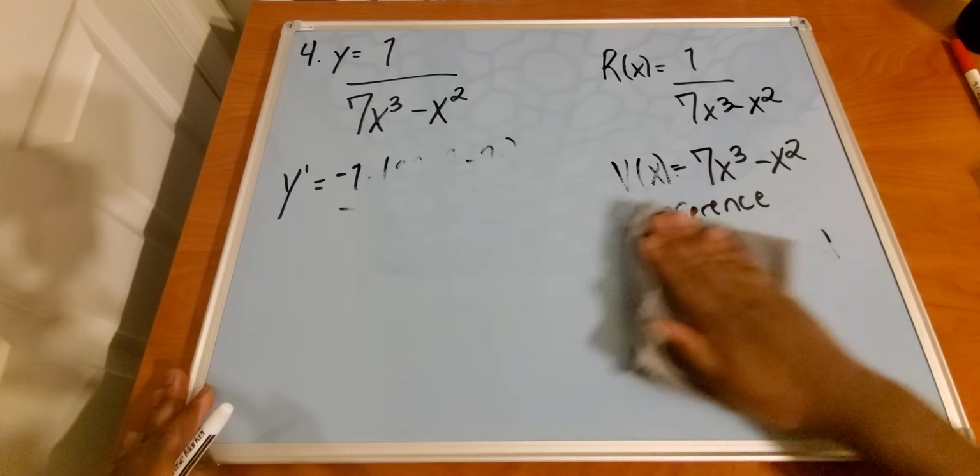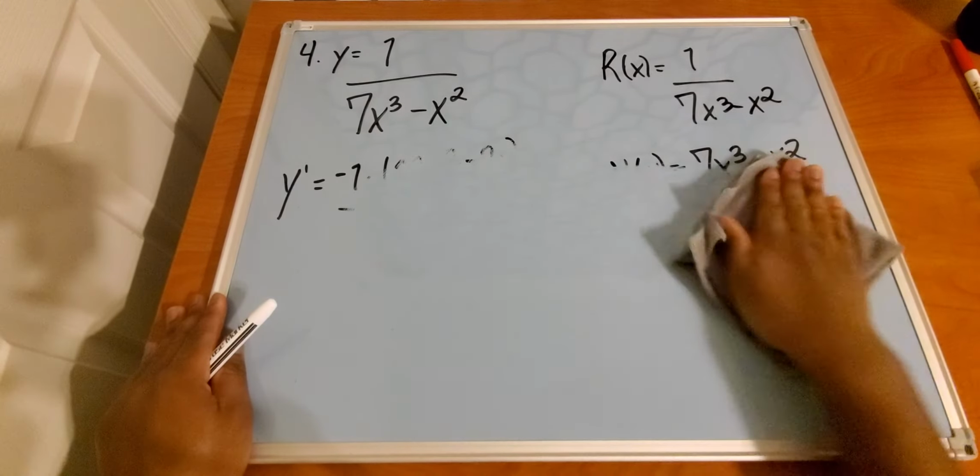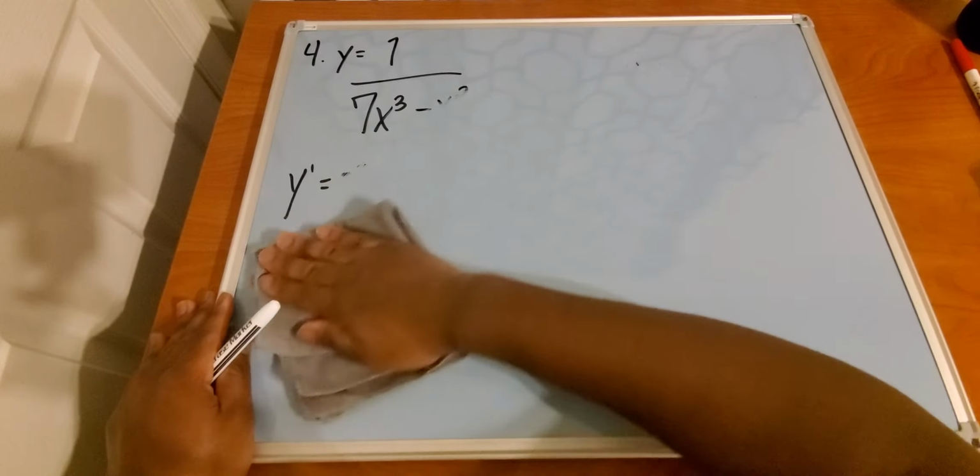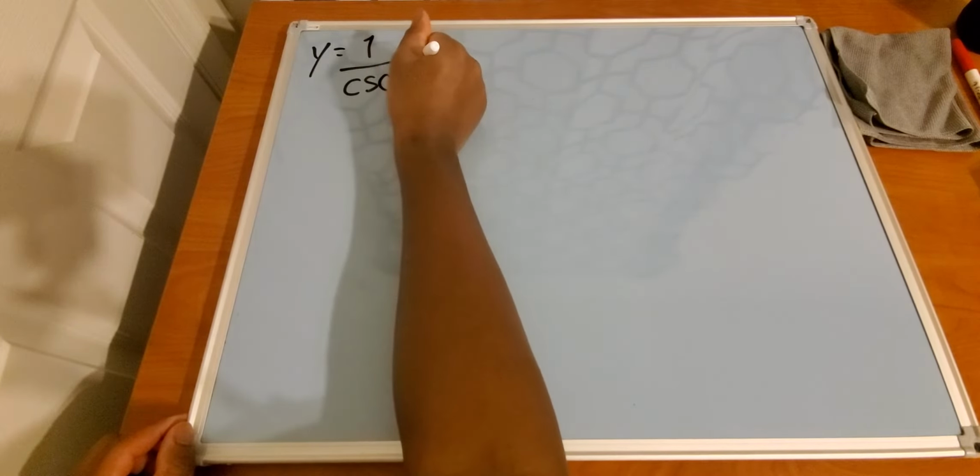With that in mind, we can do question number 5, which is our first set of actual trig functions, just in case, at least that way you guys can see a variety of questions. So for question number 5, we have y is equal to 1 over cosecant theta.